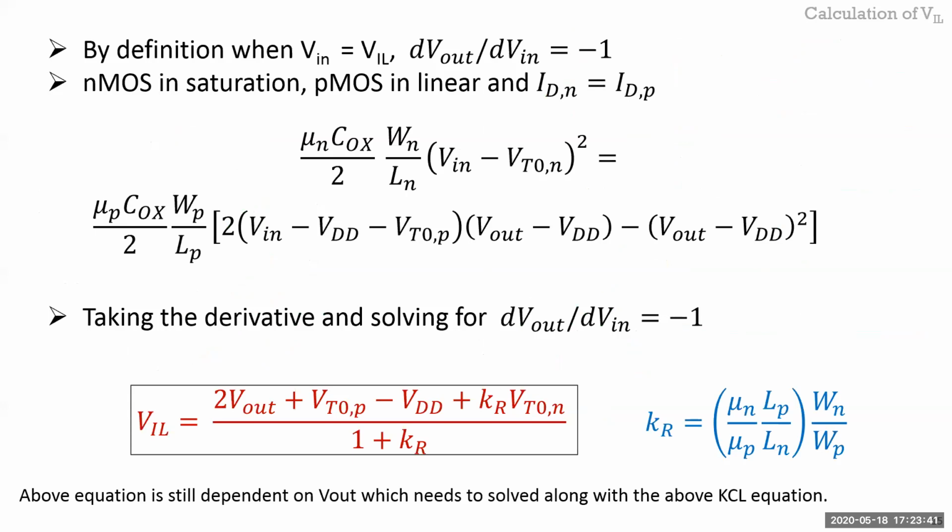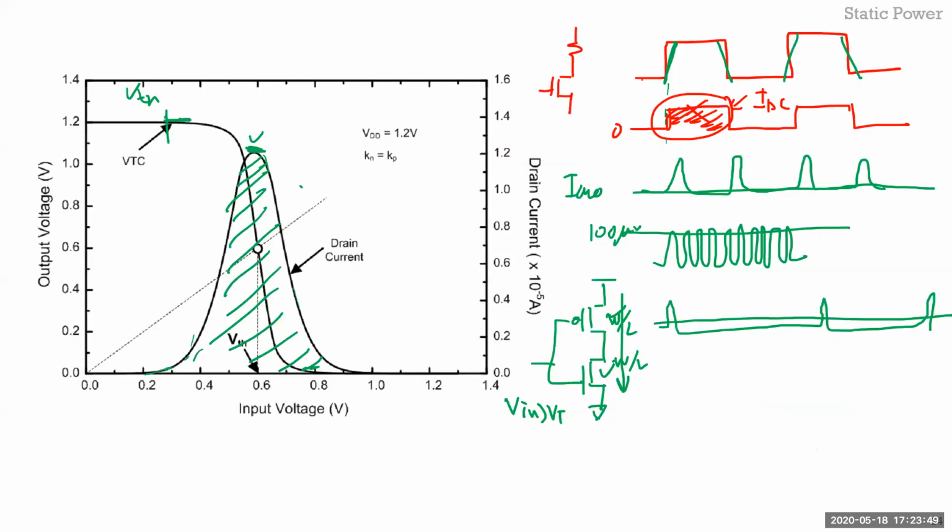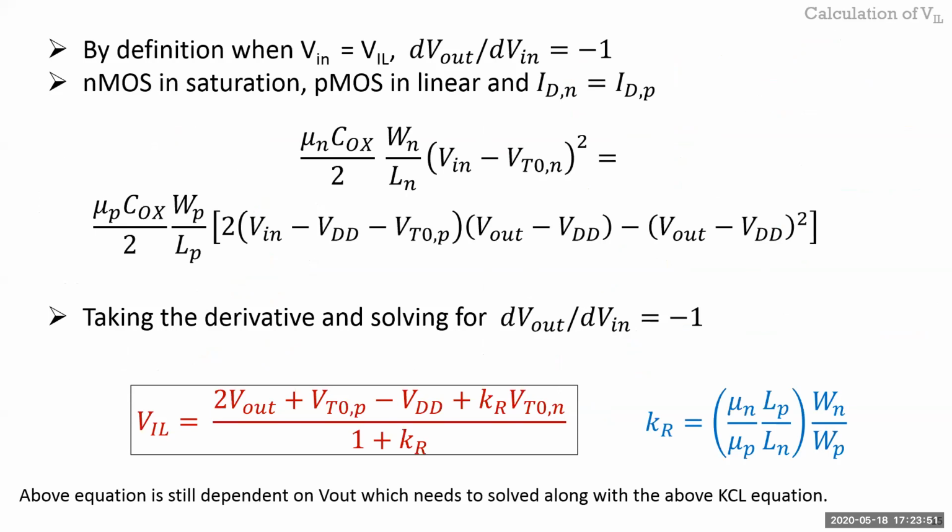Okay, so bunch of equations, but because I've explained the principle, I'll not go into the detail of it. In case of a CMOS, like I said, VOH and VOL calculation is pretty straightforward. VIL and VIH, it's the same principle.